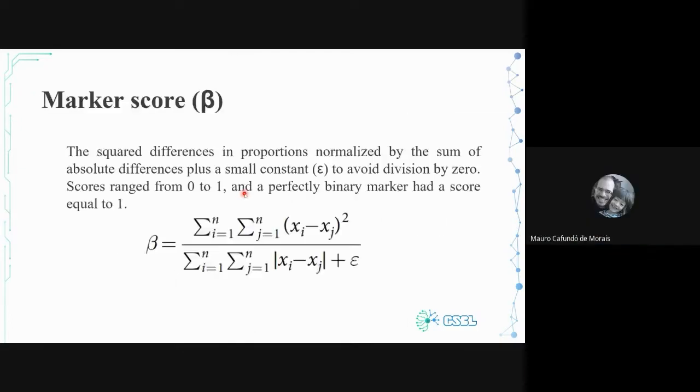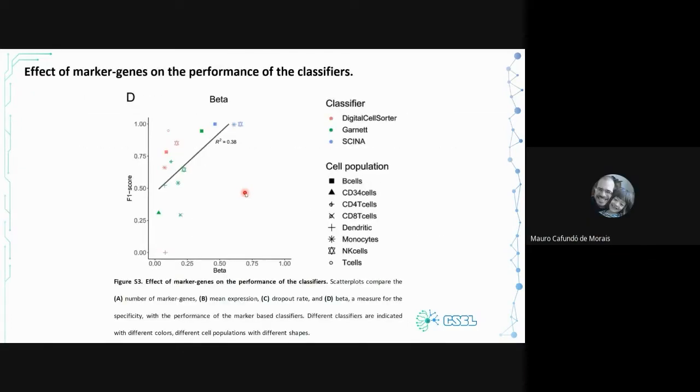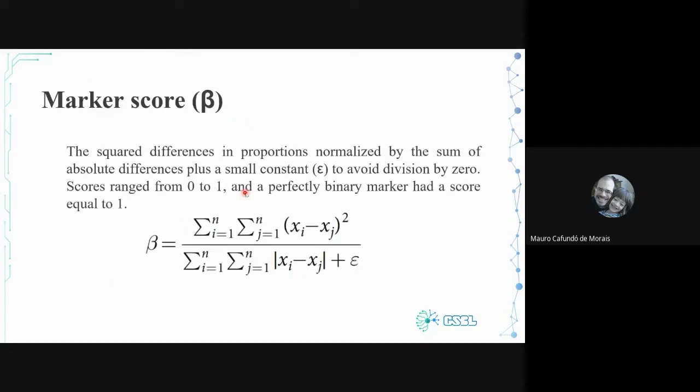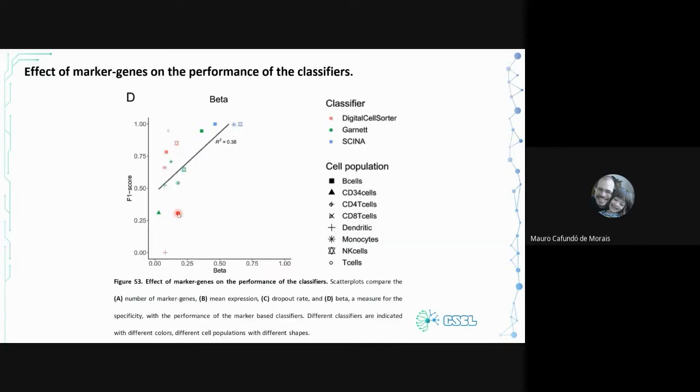Can you go back to the beta equation? Here. Markers. What is this? Plus a small constant to avoid division by 0. Go to 1. Okay. So just, F1 score, go back one, just to keep it clear. F1 score is a metric to evaluate how good the classification is.